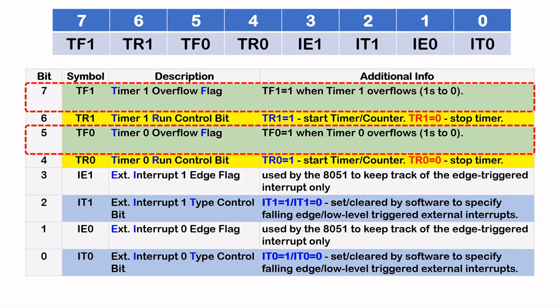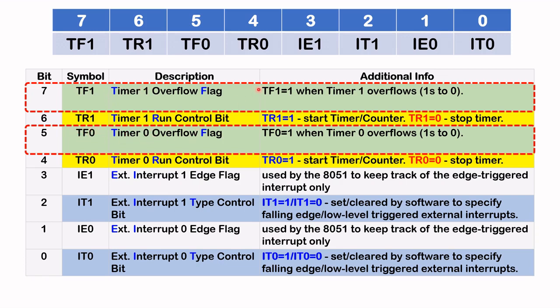Okay, here are some more details of the TCON register, and I'm going to focus first of all on TF1, TF0. That is the timer overflow flag. So the TF1 is for timer 1 and TF0 is for timer 0.